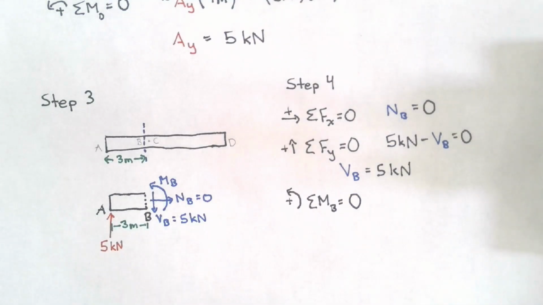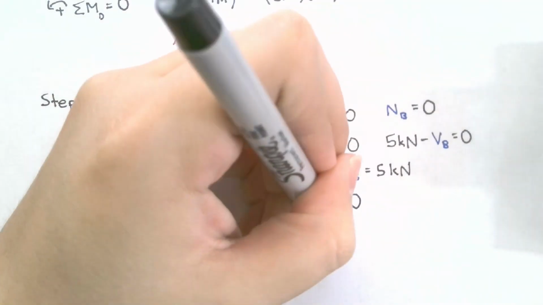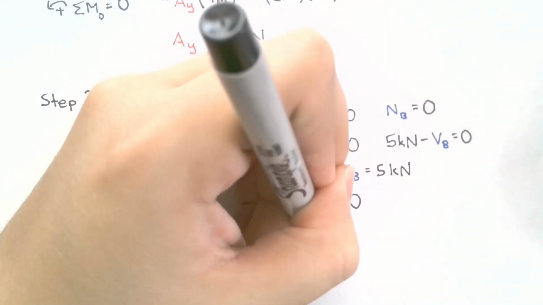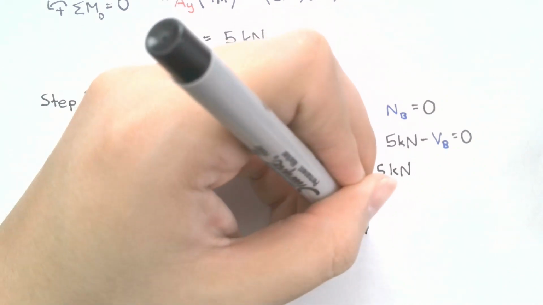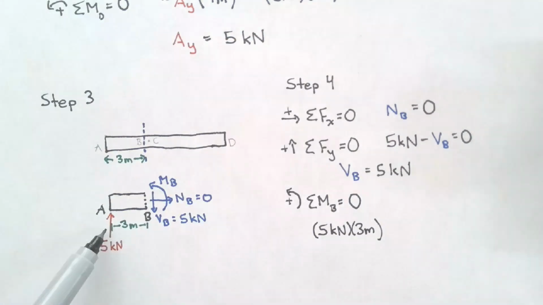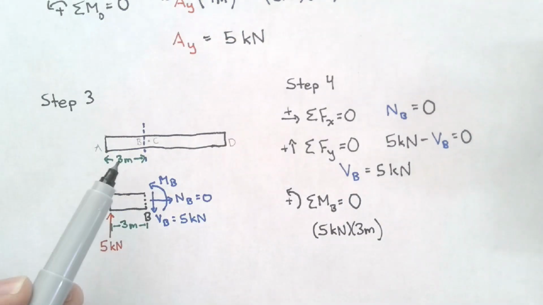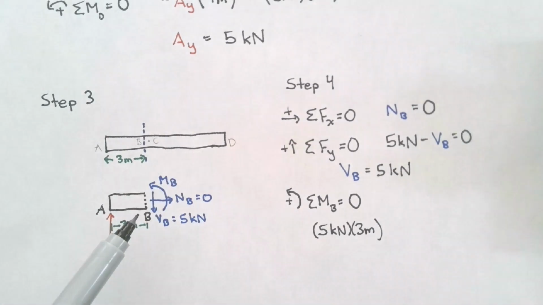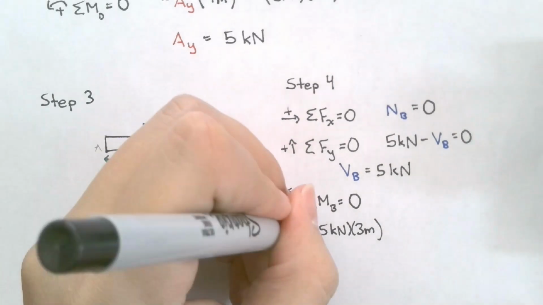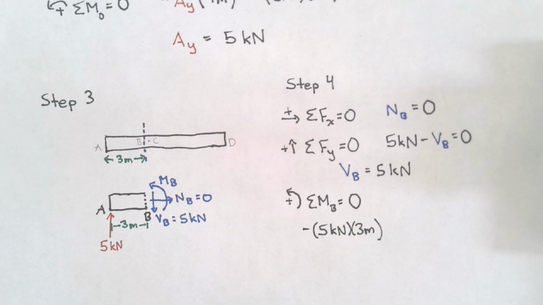So from point B, we have a 5 kilonewton force at a distance of 3 meters from that point. This 5 kilonewton force will cause a clockwise rotation about point B, which means that we'll give it a negative moment value.